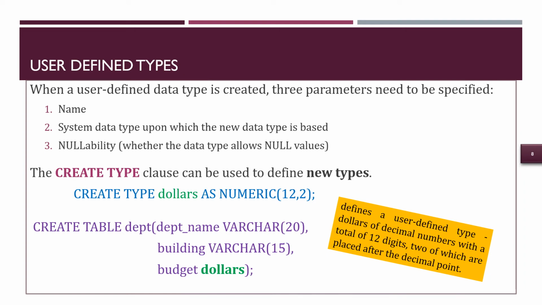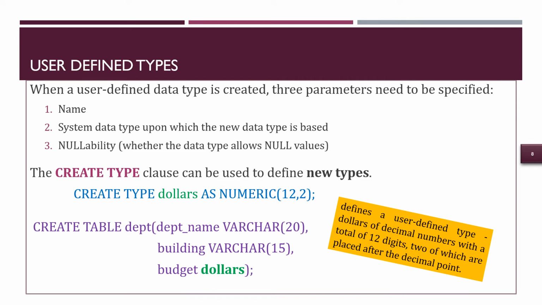So how do we create a user-defined data type? As we said, a user-defined data type is defined by a user and is based on a system data type. To create one, we need to specify the name of the new data type, the system data type upon which it is based, and nullability, whether the data type allows null values or not.